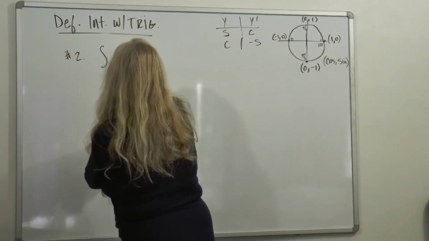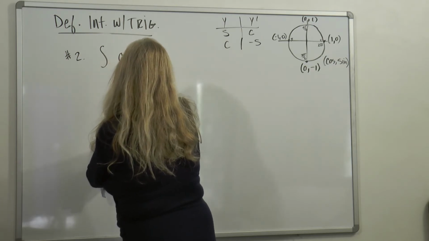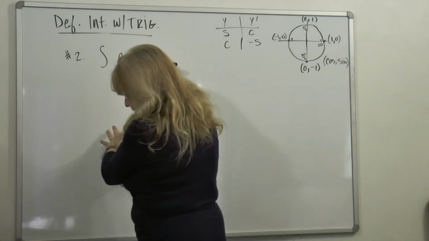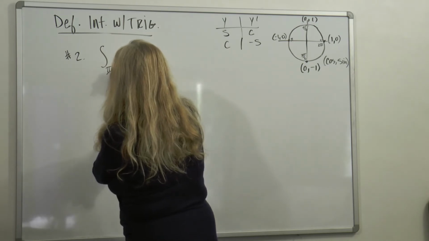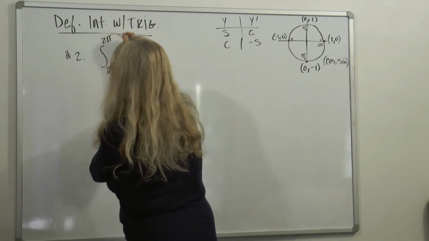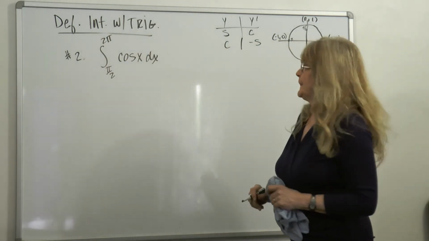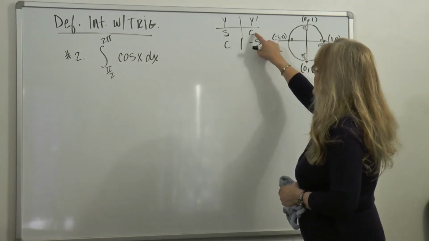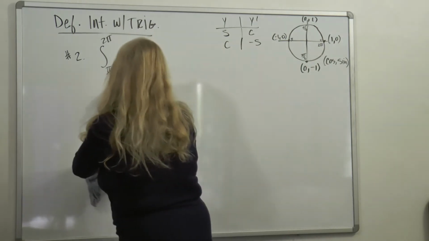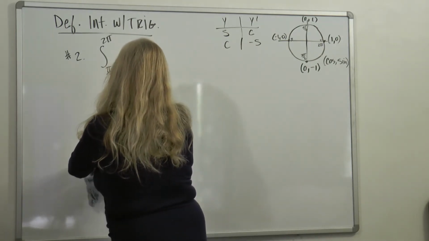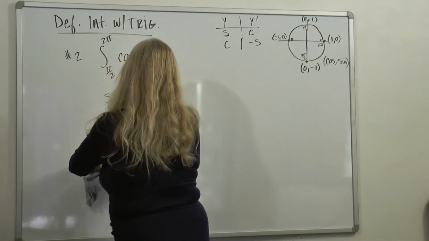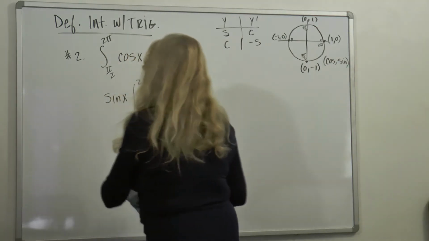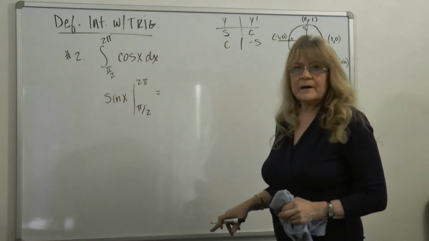So let's do the integral of the cosine of x dx, and let's go from pi over 2 to 2 pi. The integral of cosine is sine. So this is just going to be the sine of x going from pi over 2 to 2 pi. Upper bound minus lower bound.